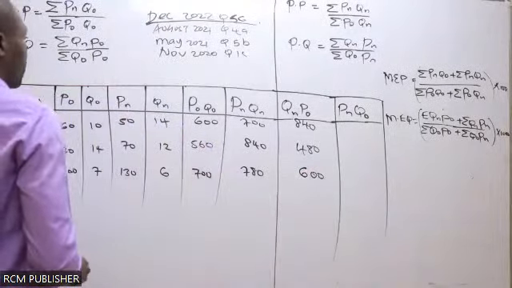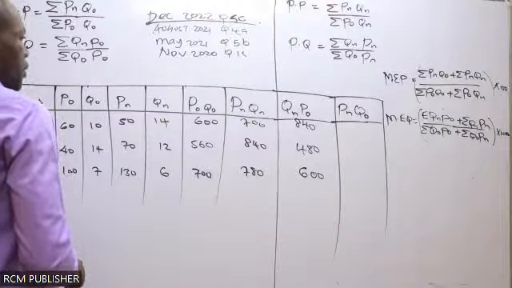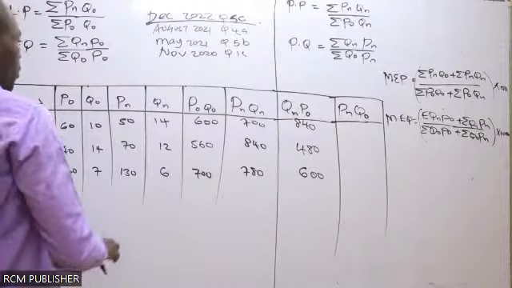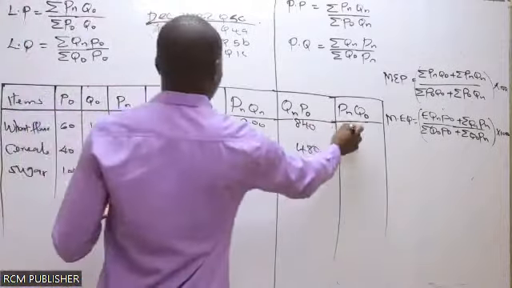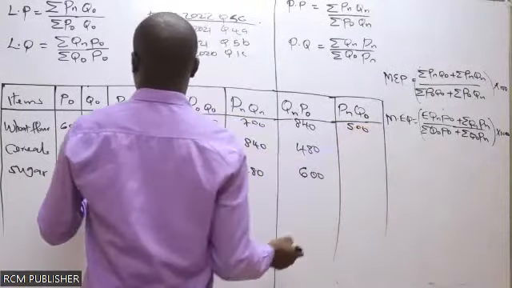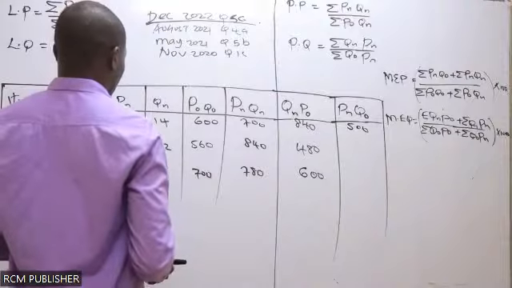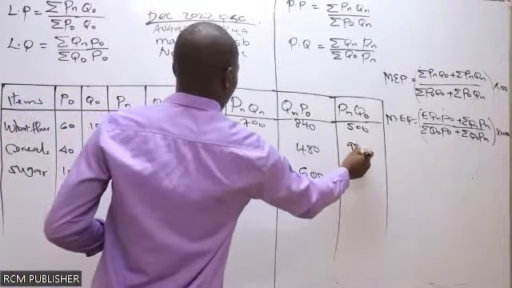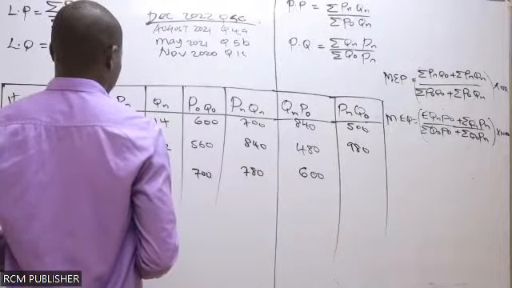Then we get to PNQO. So we have 500. Then 14 by 70, 980. And then we have 7 by 130, 910.